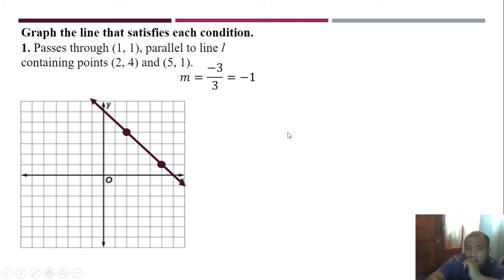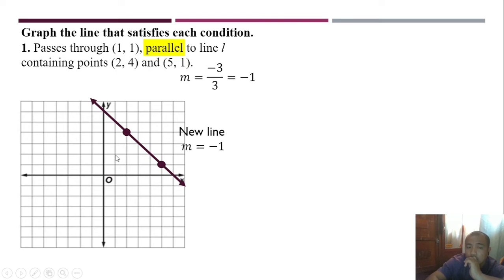Then graph the line that passes through 1, 1 and parallel to this line. Since it says parallel, they have the same slope, which is also equal to -1.